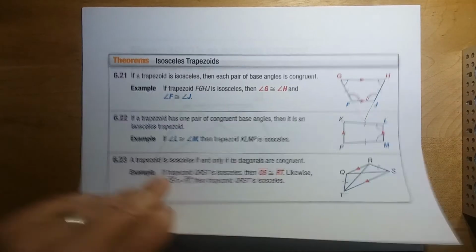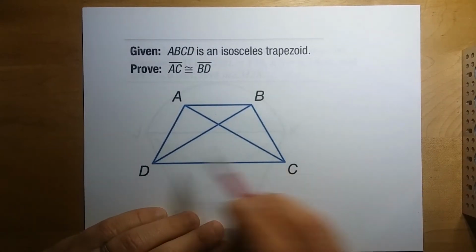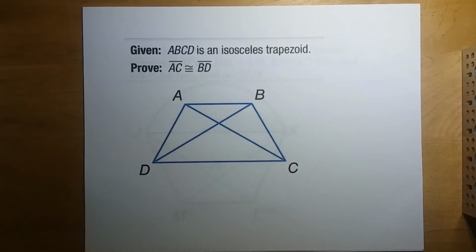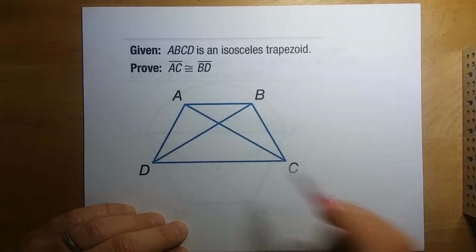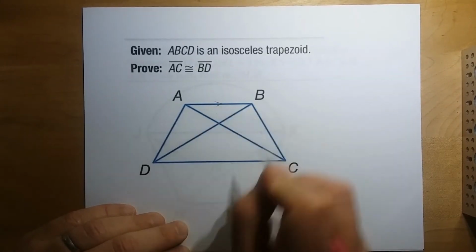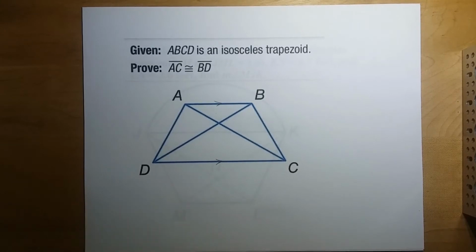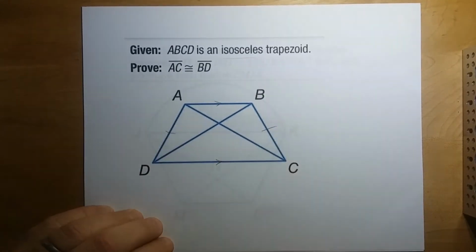All right, let's take a look at an example here. Could we prove that these diagonals are in fact congruent? Well, if they tell us that ABCD is an isosceles trapezoid, let's mark all the stuff that we know to be true. We know AB is parallel to CD. The bases are parallel. If it's an isosceles trapezoid, we also know that the legs are congruent to one another.